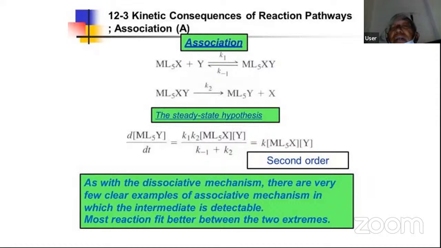approximation. You will find in the associative case, the final rate law always involves the complex and the coming ligand, second order. So associative is always second order kinetics.